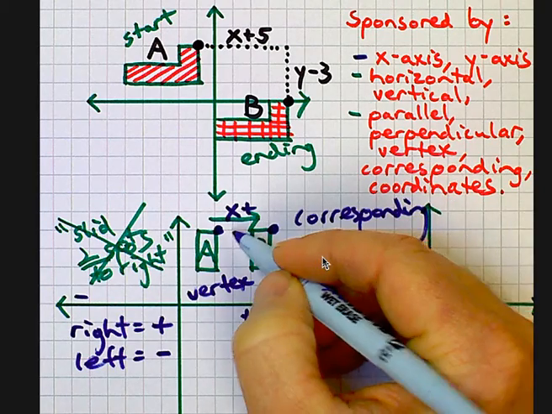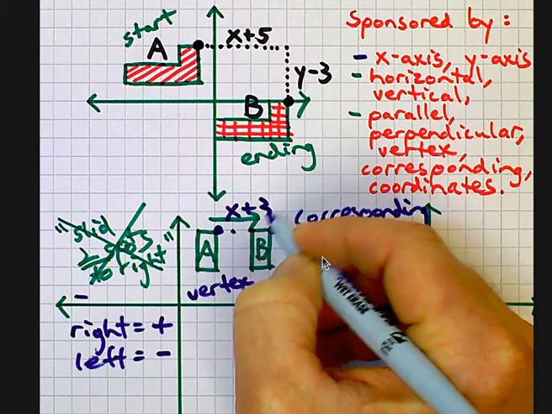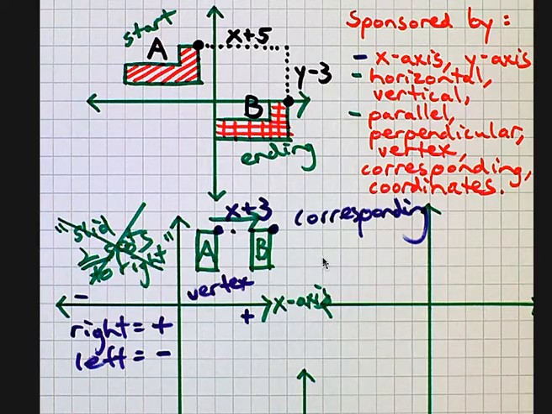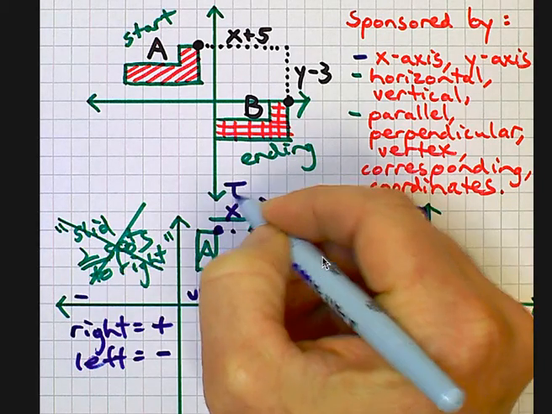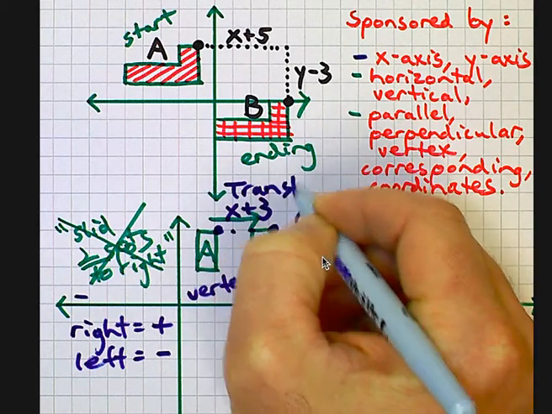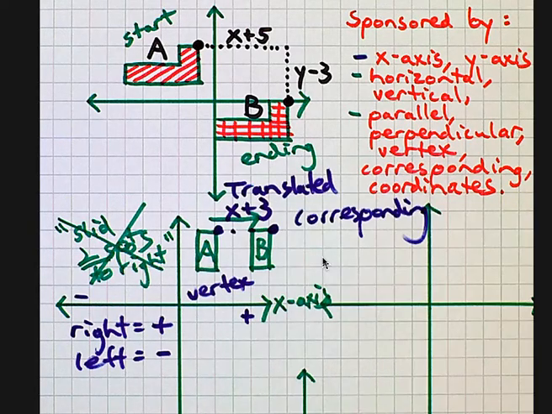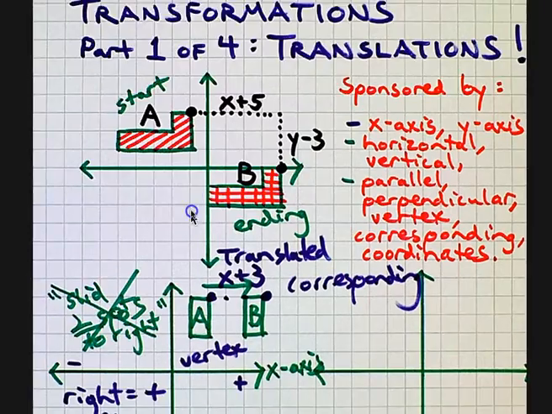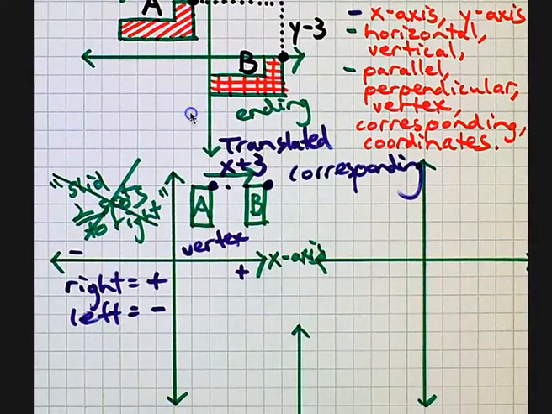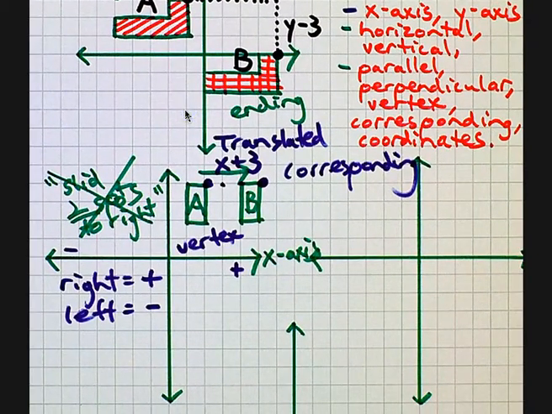So how far did it go? 1, 2, 3. It moved 3 spots. So the way I would actually say this is we translated x plus 3. That's the technical talk. That's the language we're going for. After all, that's the title of the video. So we translated x plus 3.